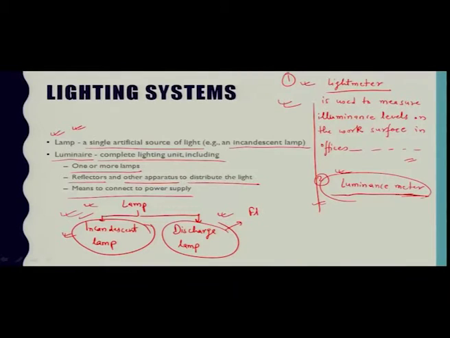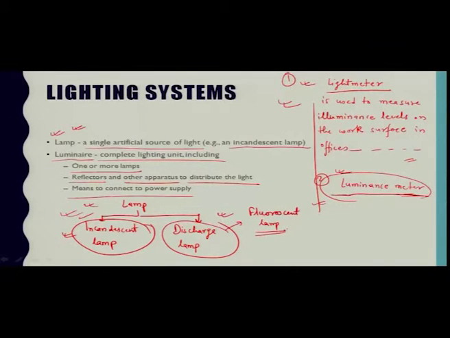The most common discharge lamp is the fluorescent lamp, which is usually in the form of a glass tube whose inner surface is coated with fluorescent material, and which contains mercury vapors whose bombardment by electrons causes light emission.